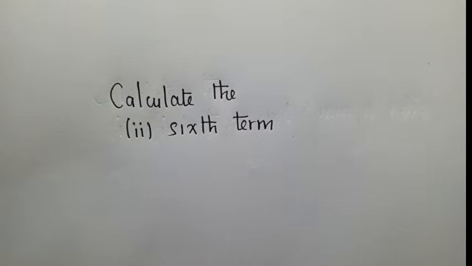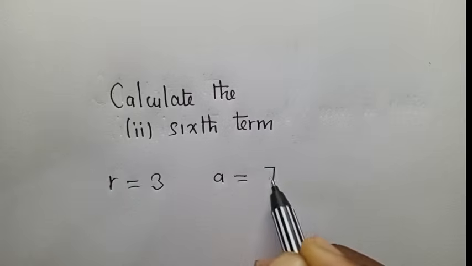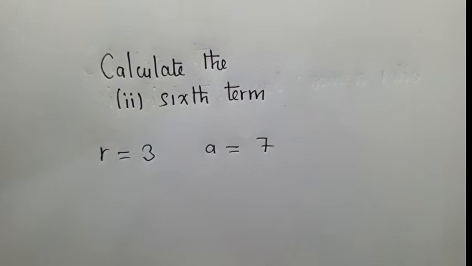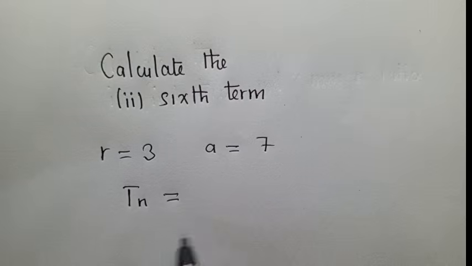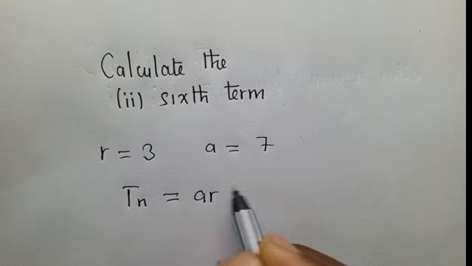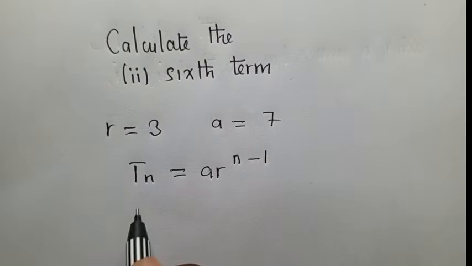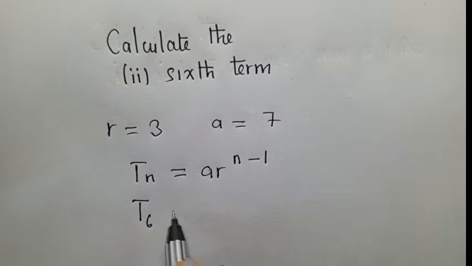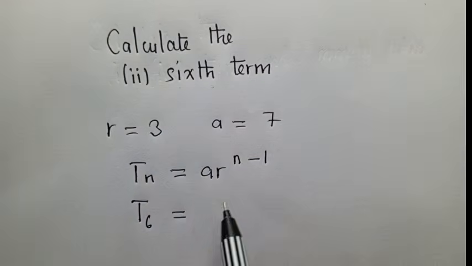Remember, we've managed to find R equal to 3 and A equal to 7. To find the sixth term, we're going to use the term formula. We are looking for the sixth term, so our n will be 6.